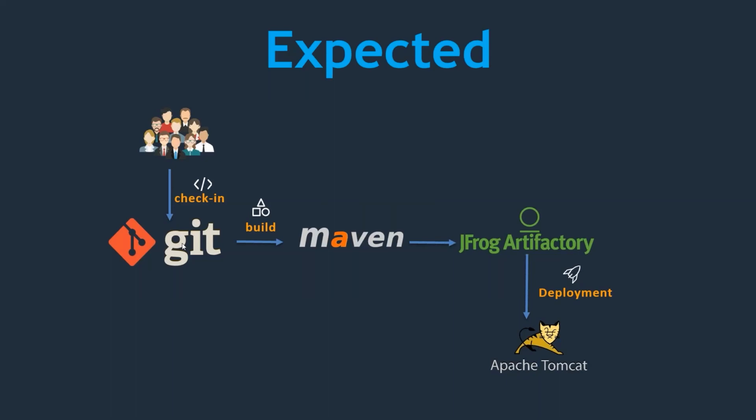Whenever they check in code, we need to initiate a build. Whenever a build is initiated, it should go through a lot of processes, like running the test cases, generating artifacts, and pushing those artifacts into the artifactory. All this has to happen frequently and continuously. It is not a one-day task.